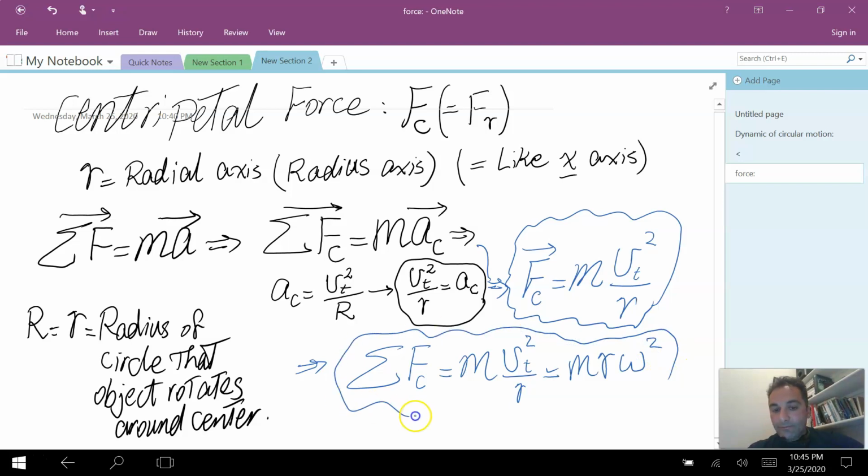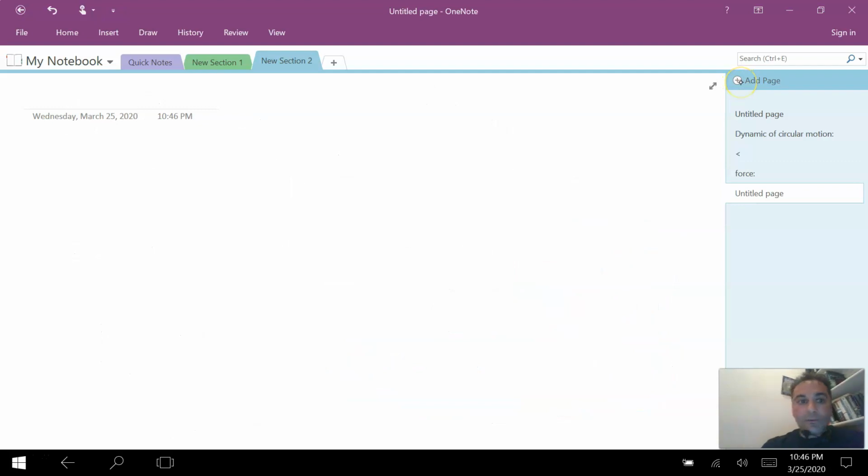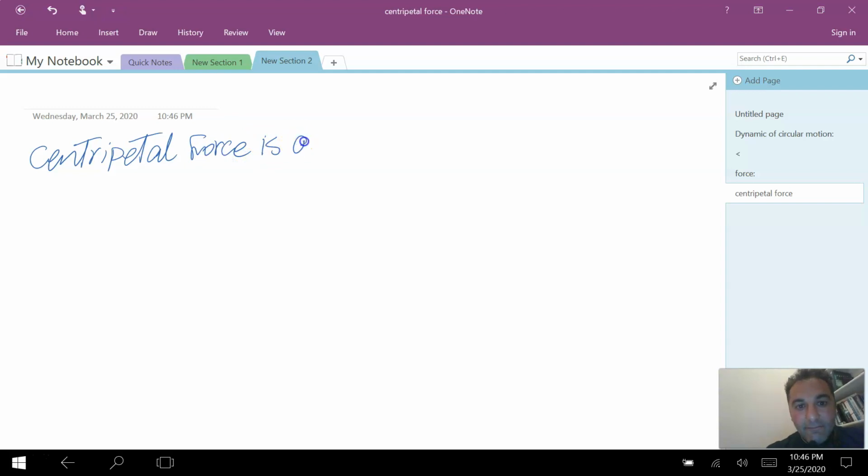Either works. So put the arrow on the top of force, please, here. So this is the equation of centripetal force. It is a force toward the center. So centripetal force is a force toward the center.